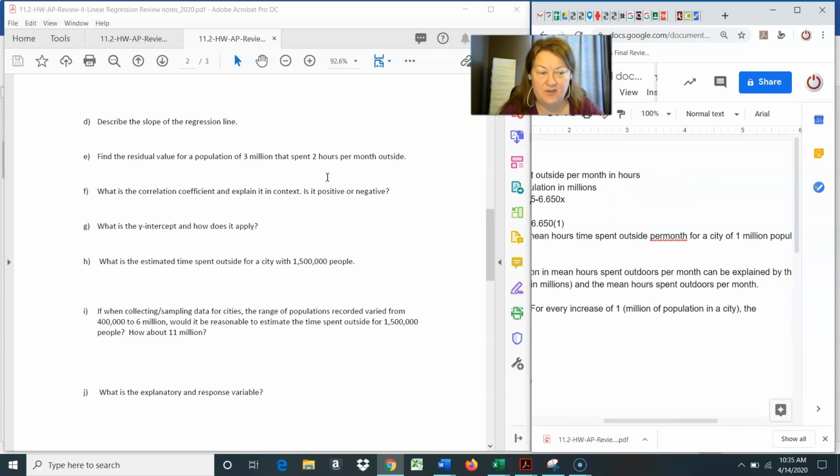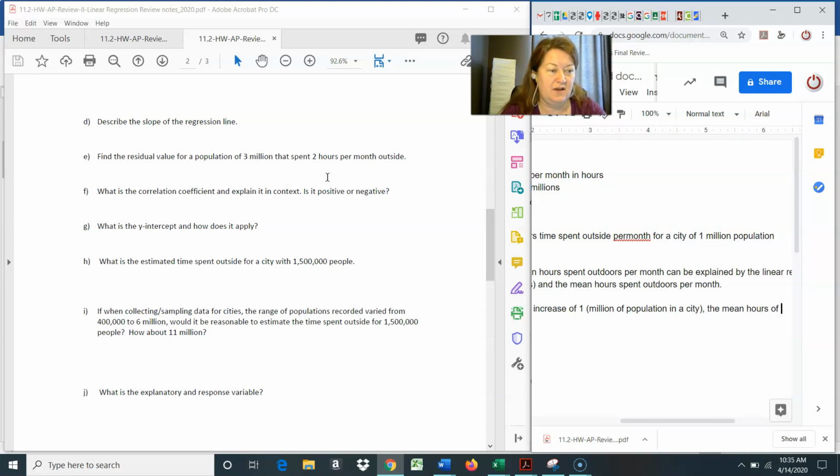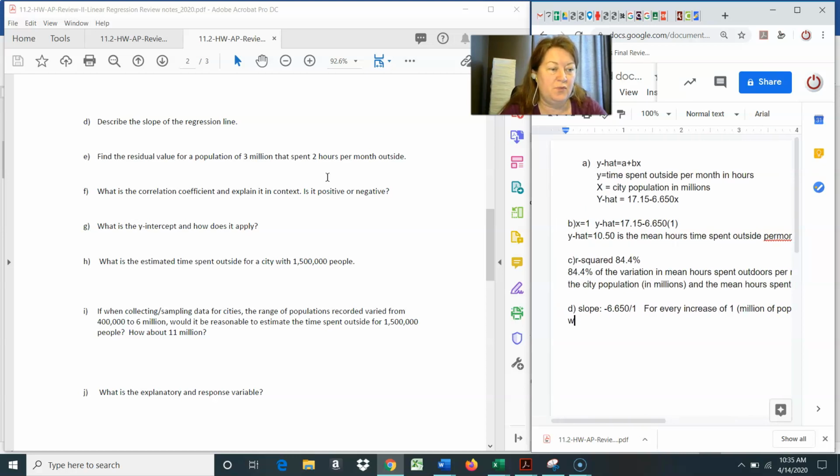what was the y value? The y value was the mean hours, right? The mean hours of time spent outdoors per week decreases, because it's negative, by about 6.650. What was the units for that?